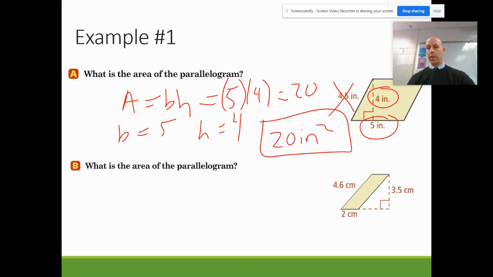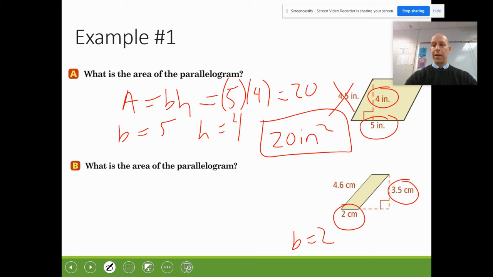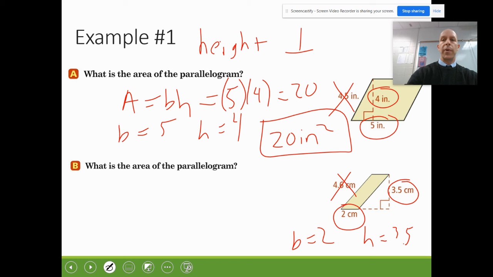Now for the example here on the bottom, the base length is 2, and the height is 3.5. This 4.6 is just the length of that other side there, but since that distance is not perpendicular to the base, it doesn't count as a height. So just to make a note here, the height has to be perpendicular to the base.